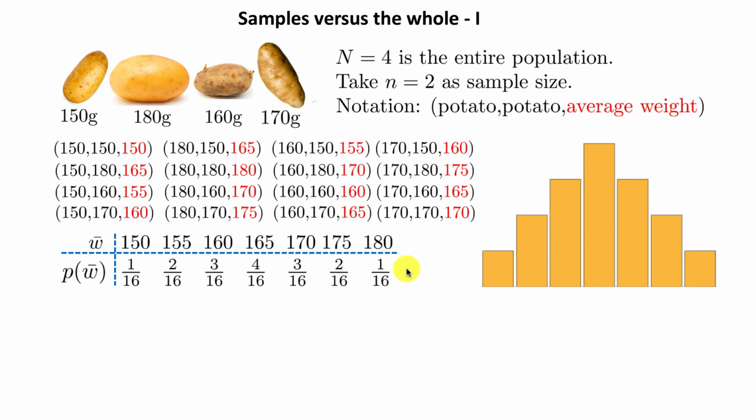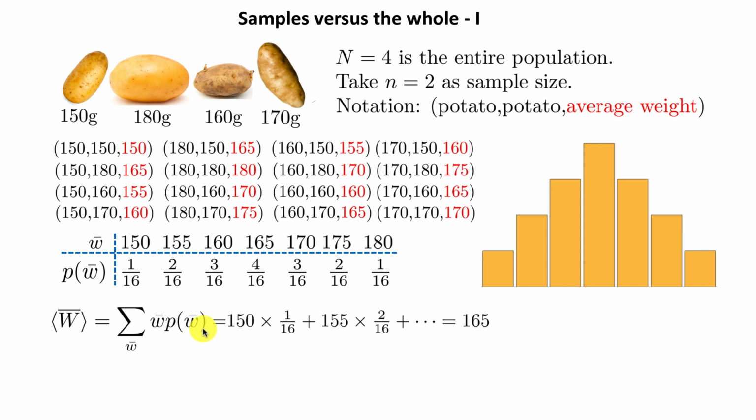And so, as we know very well, we can take an average by taking the value of that random variable weighted by the probability. And in this case, if you do a simple calculation, well, 150 multiplied by 1/16, 155 by 2/16, 160 by 3/16, and so forth, you add them all up, you get 165, which is the average value of the random variable W.